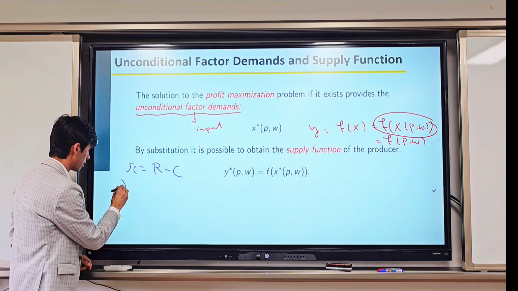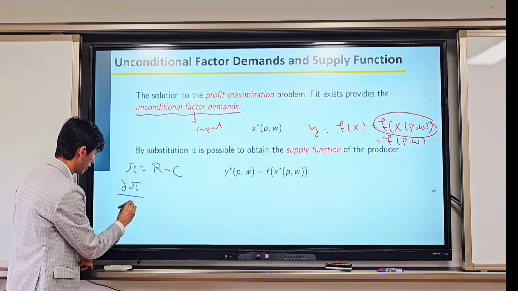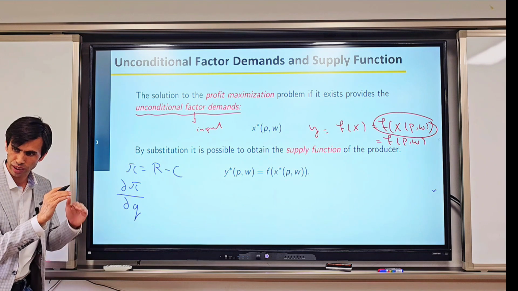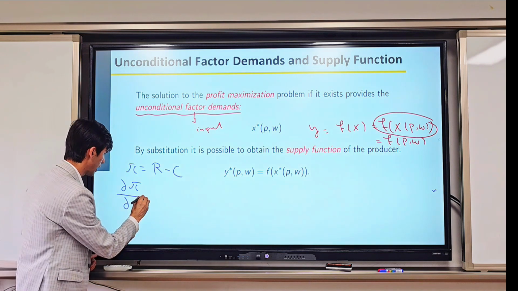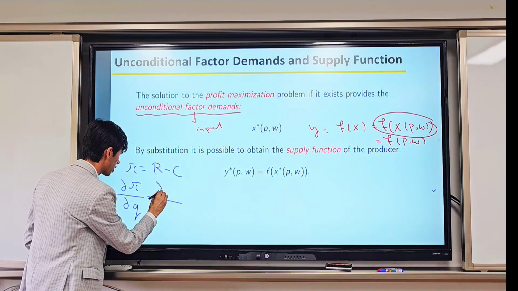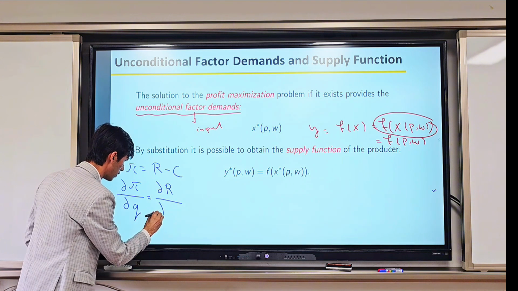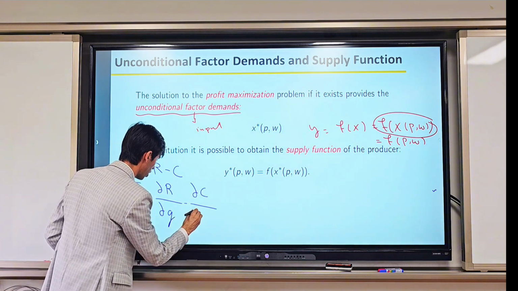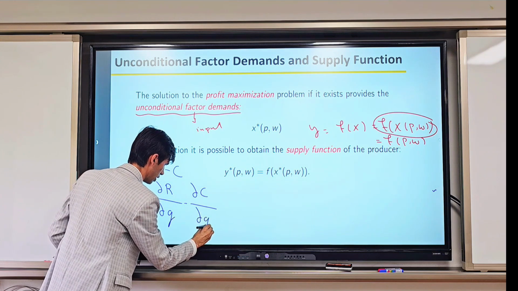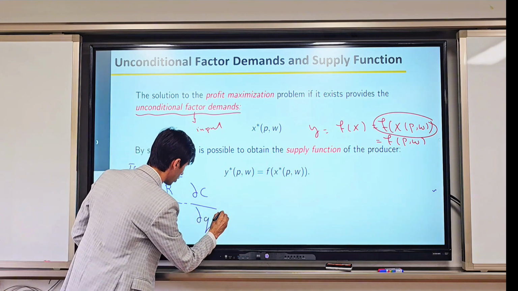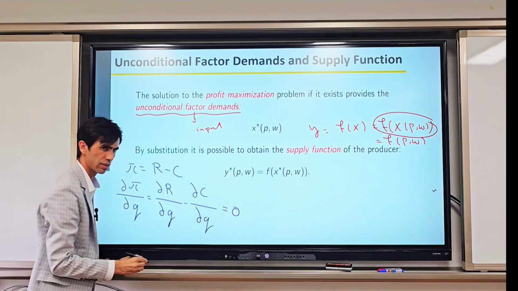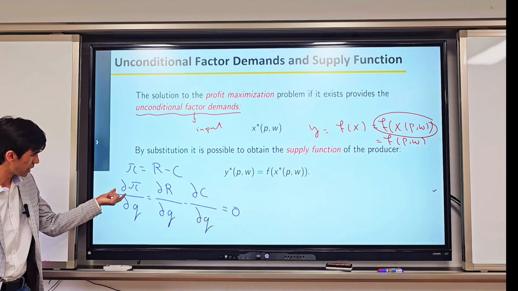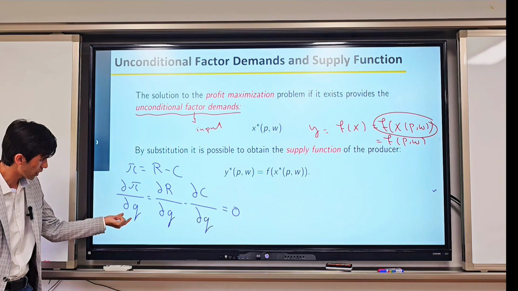So the partial derivative of pi with respect to quantity, because we are maximizing our profit based on some level of quantity, is equal to the partial derivative of revenue with respect to quantity minus the partial derivative of cost with respect to quantity. And our first order condition should satisfy this, which should be equal to 0. So it means the partial derivative of pi with respect to q should be 0.